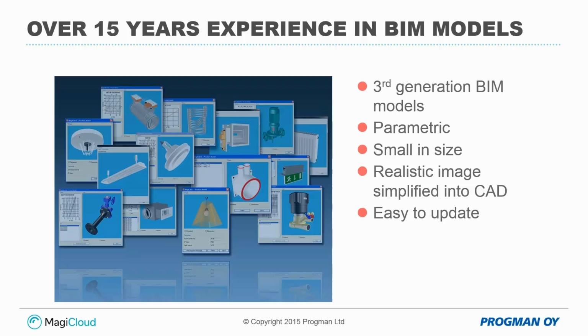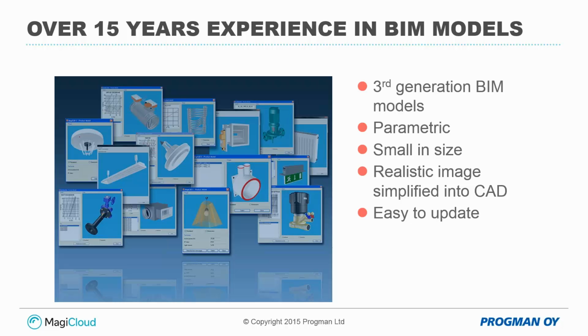Now I want to have a deeper look at the creation of databases. We have been doing this for over 15 years, since MagiCAD was born. And of course, we learned a lot during this trip, and we learned a lot since Revit became part of this.